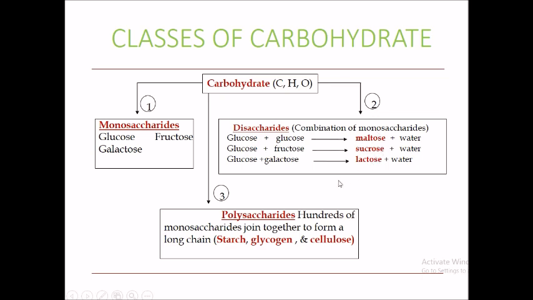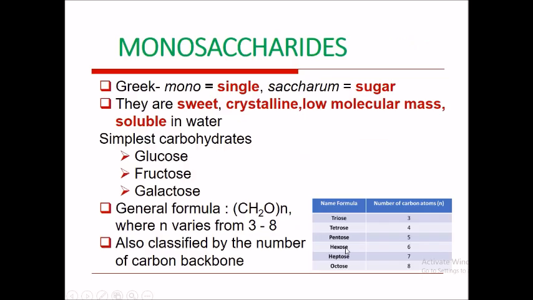The third class of carbohydrates are polysaccharides, which refers to the polymer of the carbohydrates, and it contains hundreds of monosaccharides that join together to form a long chain through a condensation or dehydration reaction, such as starch, glycogen, cellulose, and also chitin.